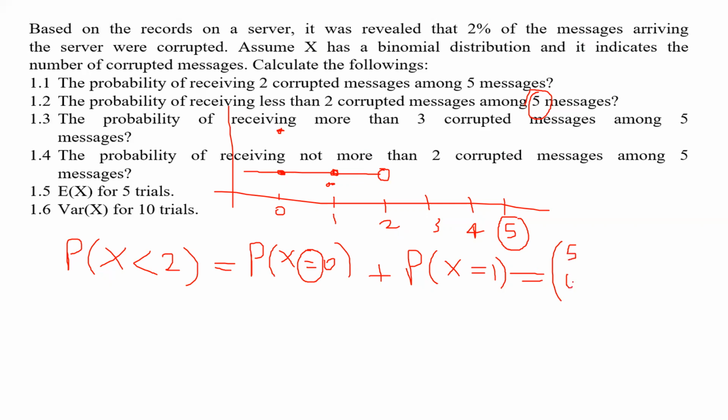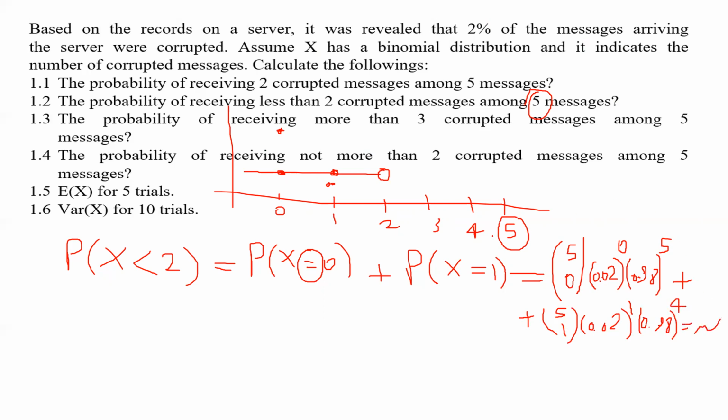Out of 5, I'm taking now 0, probability of success is still the same as our assumption, which is 2%, power 0, 98%, power 5 minus 0, which is 5, plus combination 1 out of 5, 2%, and this part should be 1 now, right? 98%, power 4. And then you calculate the addition and find the final answer.